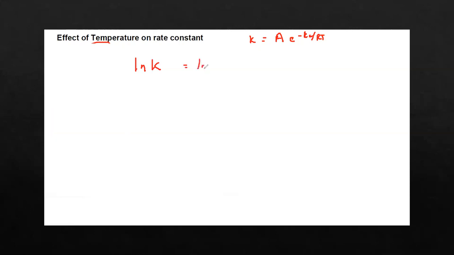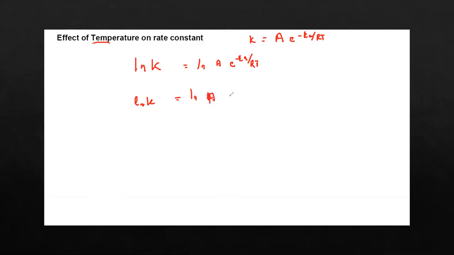So this will be ln A e to the power of minus Ea over RT. Ea is the activation energy for the reaction, and R is the gas constant. When you take ln, this will become ln k equals ln A. Whenever two quantities are multiplied in a logarithm, we write them as an addition.